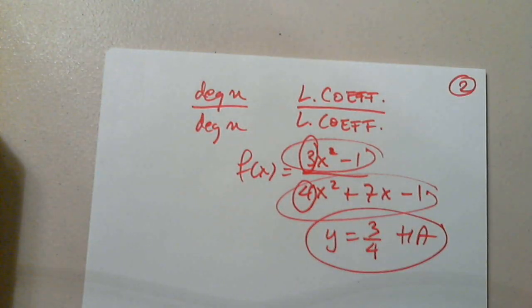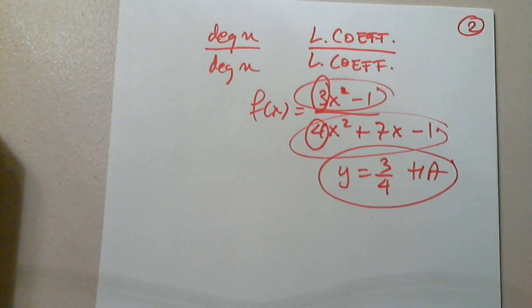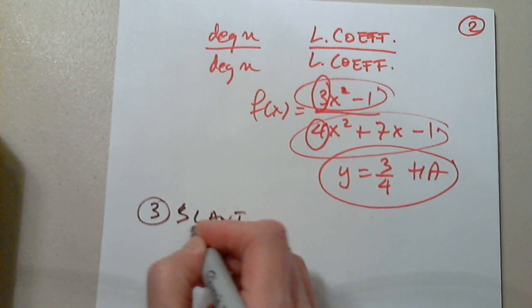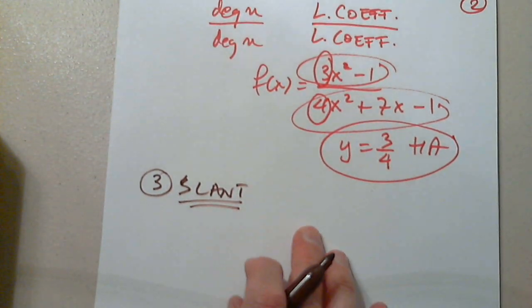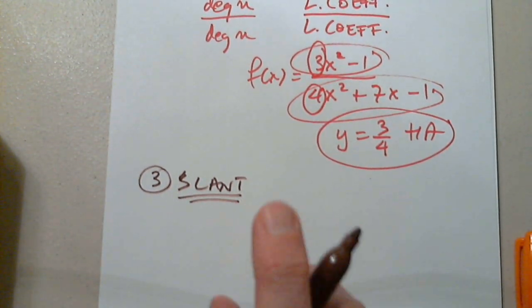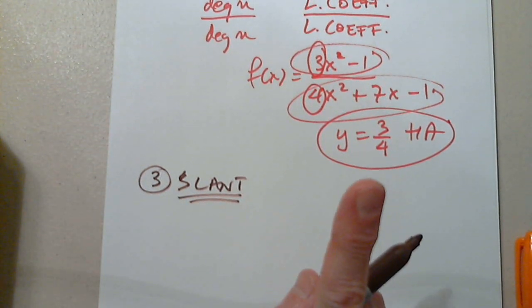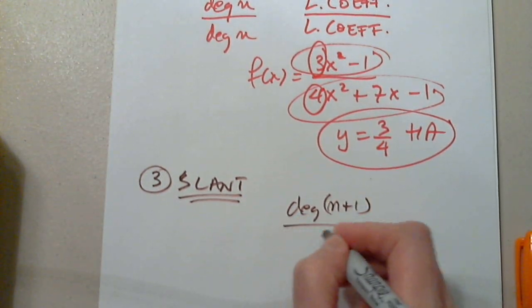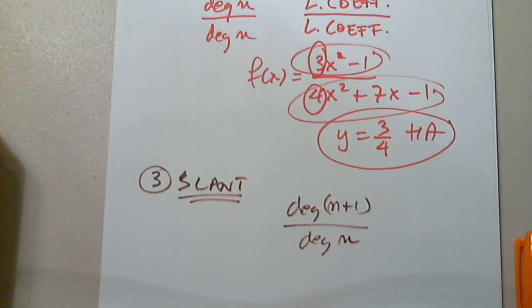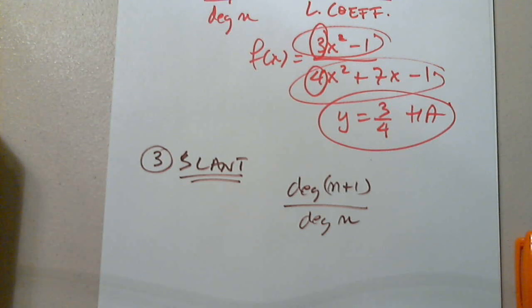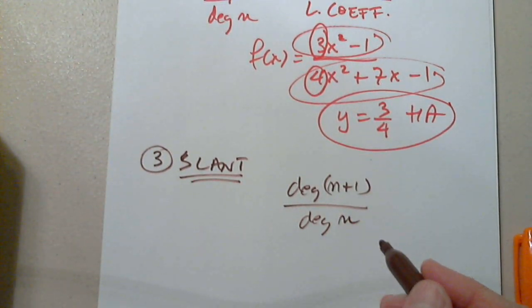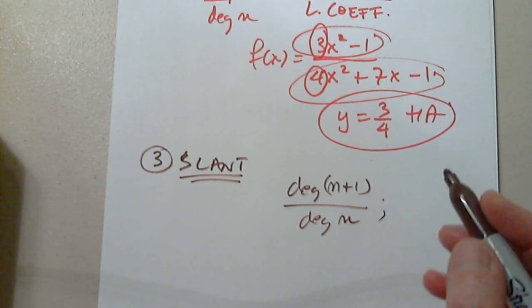horizontal asymptotes. Now there is number 3, last one, slant. A slant asymptote is found only in one specific situation, only one: when it's degree n plus 1 over degree n. What does this mean? When the degree of the numerator is exactly 1 unit larger than the degree of the denominator. Here's an example.